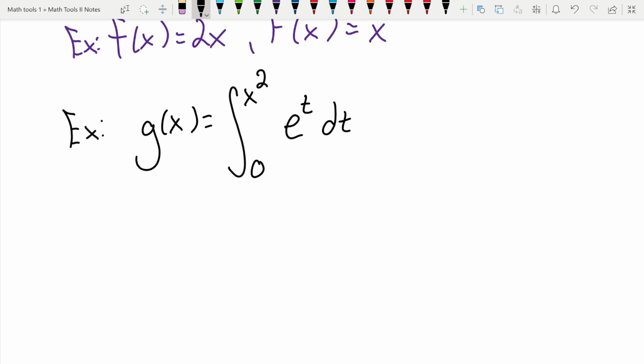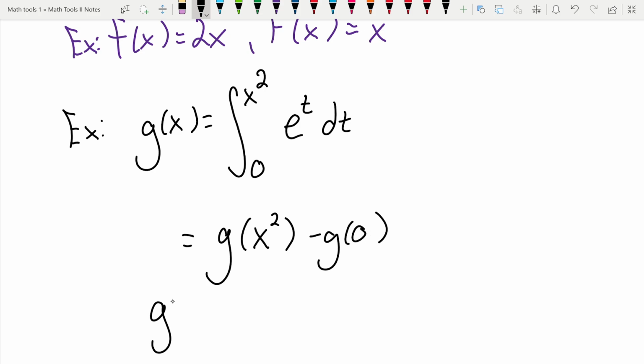So this is a little bit different from the fundamental theorem of calculus, part 1, namely. But if we think about part 2, that tells us that this is equal basically to g of x squared minus g of 0, right?